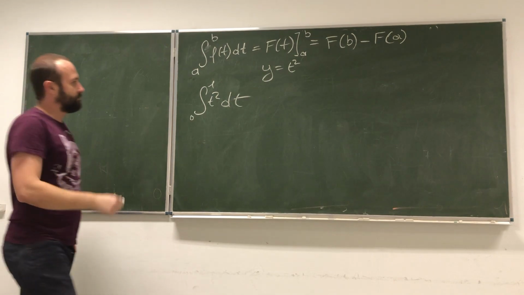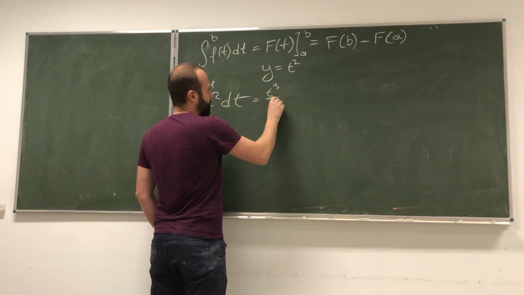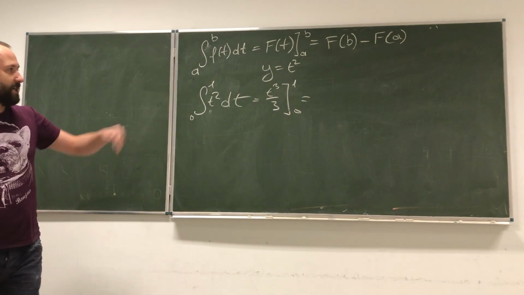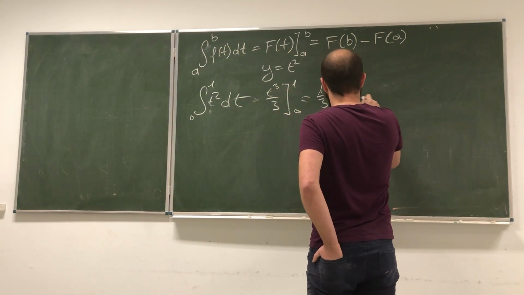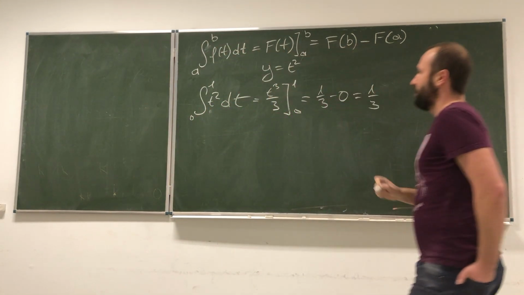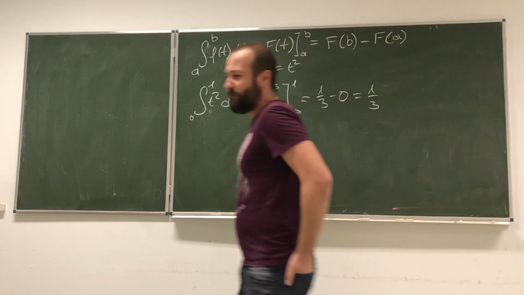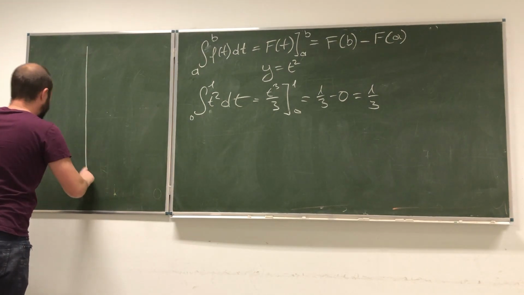Right? So, integral of this is simply t to the power of 3 over 3. I got 0 right here. Now I just substitute and I get that this is 1 over 3 minus 0, which is equal to 1 over 3. Now, usually we finish this with the graph, so why not now?